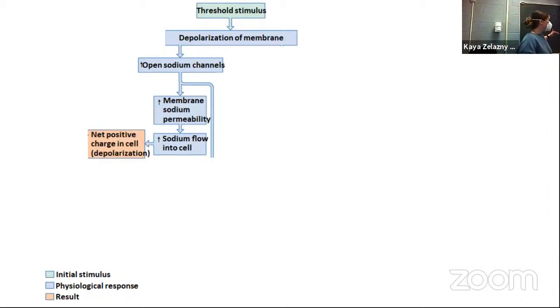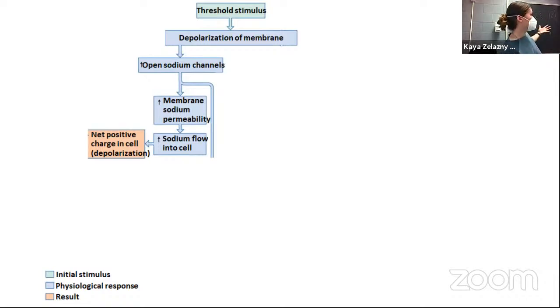This means that our cell is going to get more positive. Sodium ions are cations, meaning they're positive ions carrying positive charges. We bring positive charges into our cell, which starts out negative. Our cell is going to get less and less negative, and then eventually it's actually going to go into our positive range as sodium tries to get to its equilibrium potential of positive.